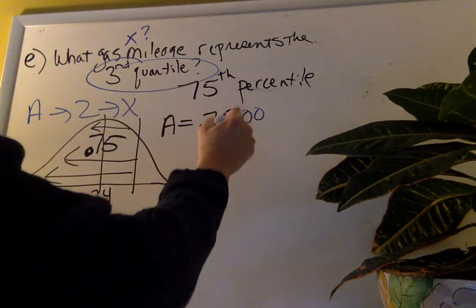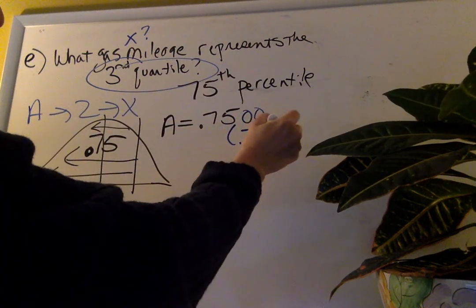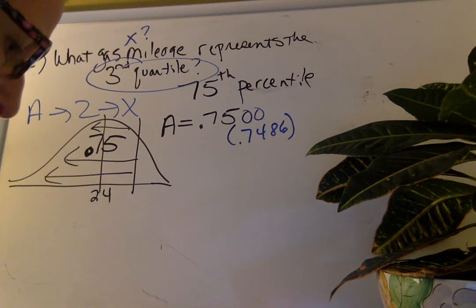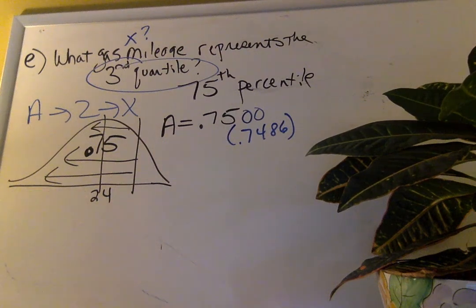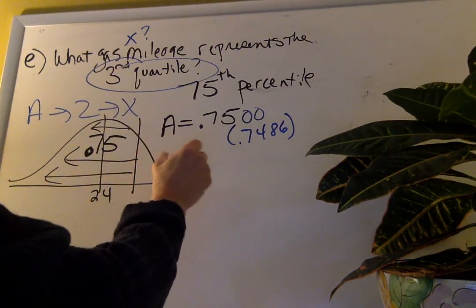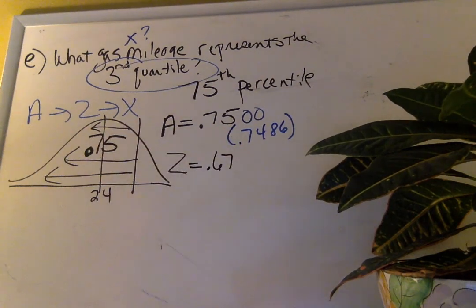Let me put in parentheses what is the closest. 0.7486 is the closest. Again, pause me at any time if I'm going too fast, the beauty of the video. That looks like it is a z-score of 0.67. Positive, which I was expecting a positive z-score.